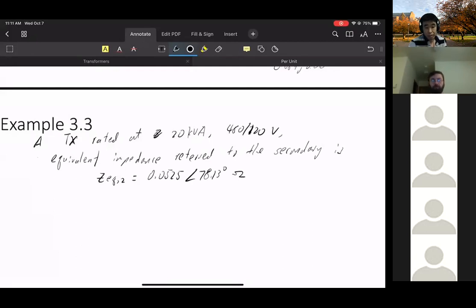So I'm going to refer this to the secondary, and we have this value. It now says use the transformer ratings as base units.